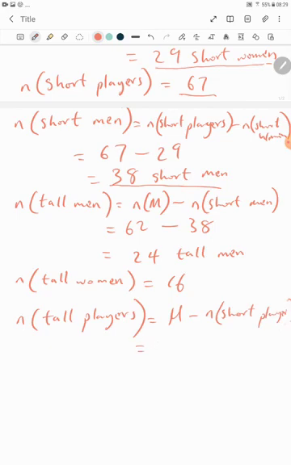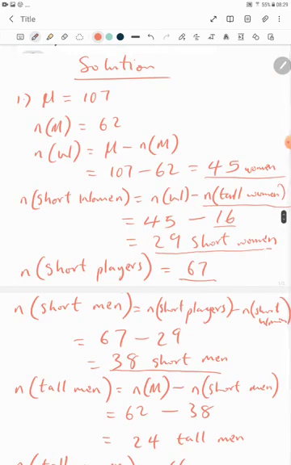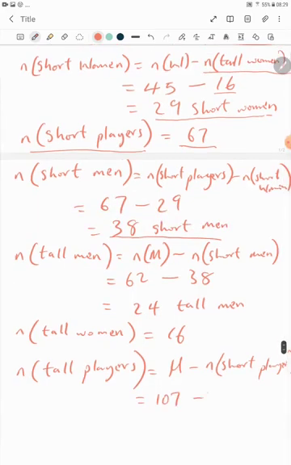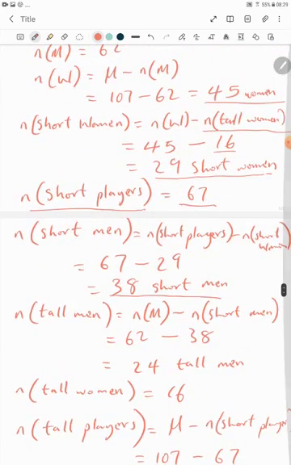So that will be 107, which is the universal set, and the number of short players has been given to be 67, so that will be minus 67. If we subtract that, that will give us 40 tall players.